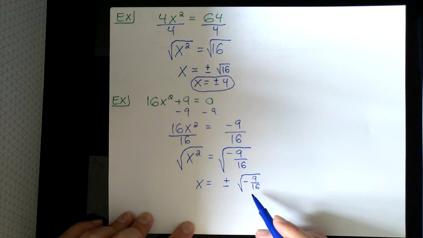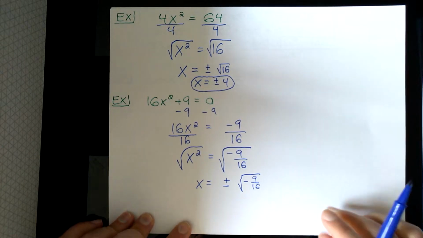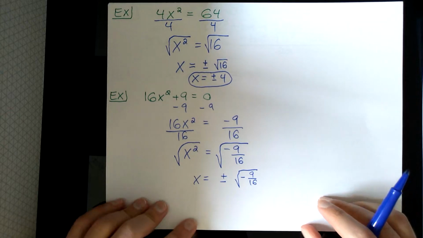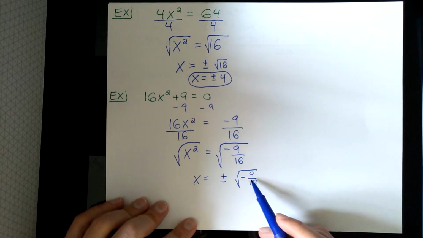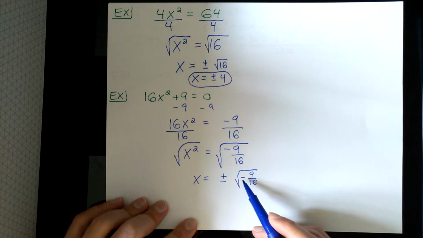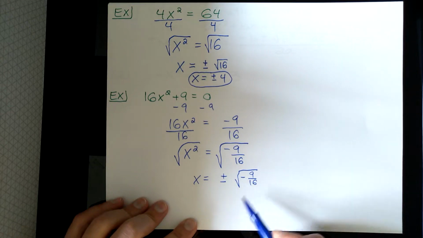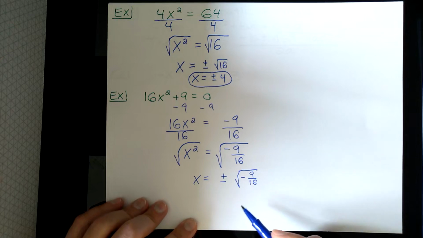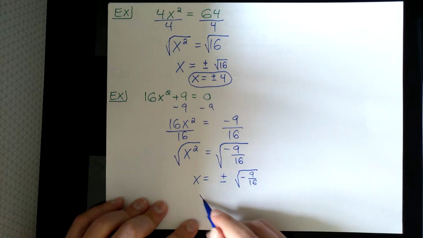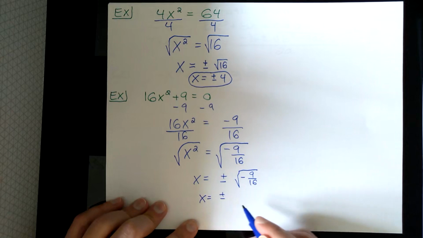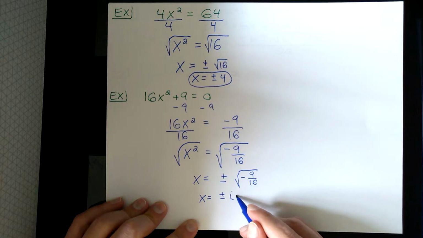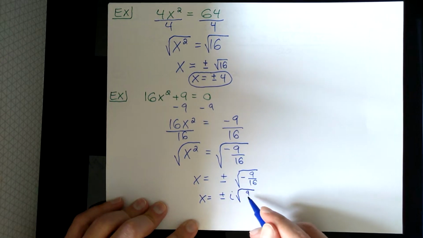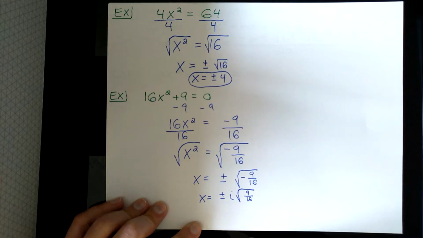And at this point, it's important to remember imaginary numbers. If you have the square root of a negative number, remember that means you can take the negative out of the square root and replace it with an i, the imaginary unit i. So we get x equals plus or minus i times the square root of 9 over 16.